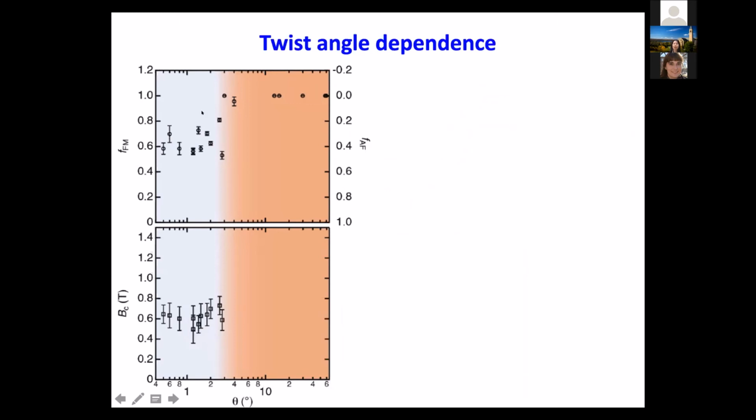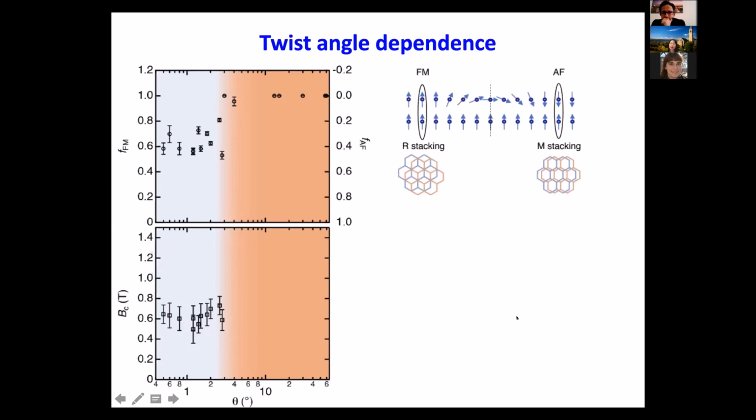So for twist angle larger than 3 degrees, everything is ferromagnetic. Below 3 degrees, you have a mixture of ferromagnetic and antiferromagnetic response. And the spin flip transition field pretty much is a constant.